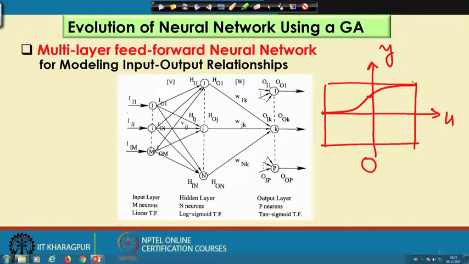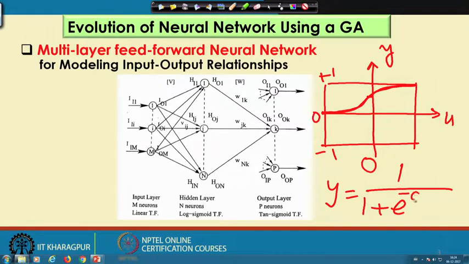So, I will be getting this type of plot, and here y is equal to plus 1 and here it is 0 and here it is minus 1. So, this is nothing but the log sigmoid transfer function, and mathematically this can be represented as y equals 1 divided by 1 plus e raised to the power minus a u.